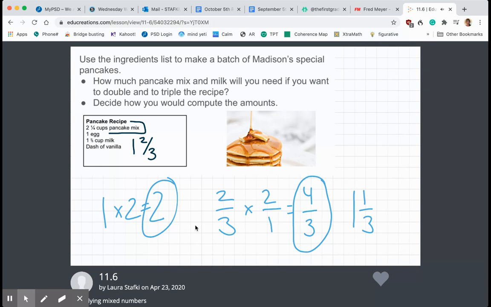Now I'm going to need to add up my whole number 2 with this, and I get 3 and 1/3. It's amazing how many different ways there are to look at math problems. And when you really understand what you're doing, you can see different approaches.